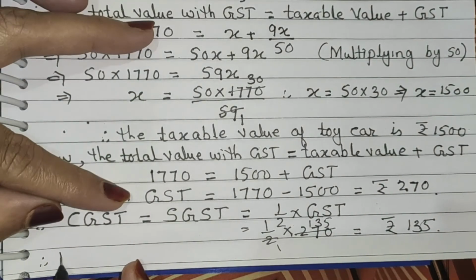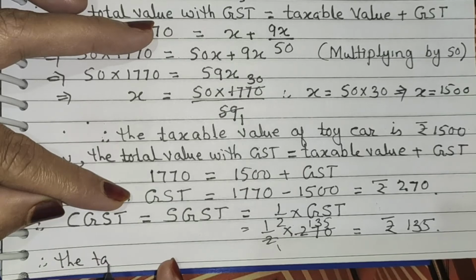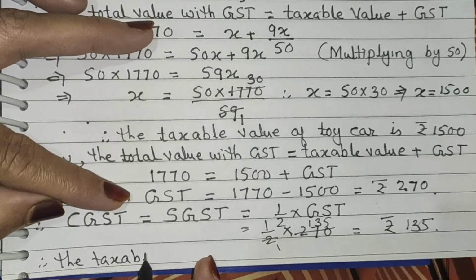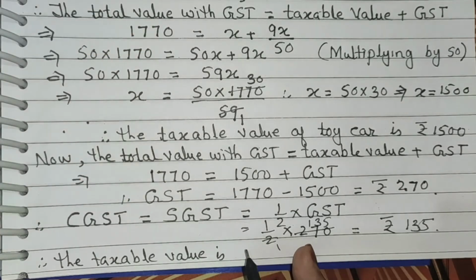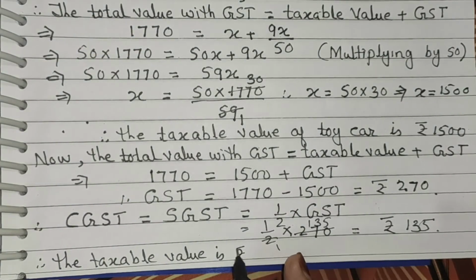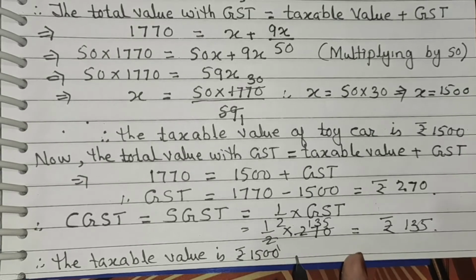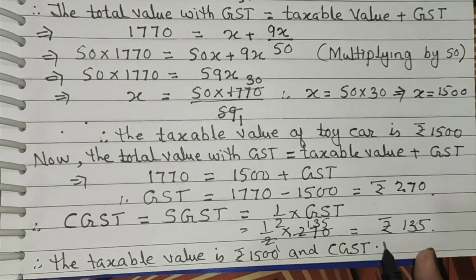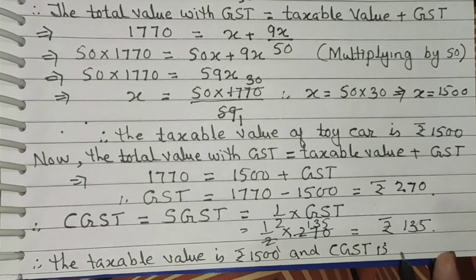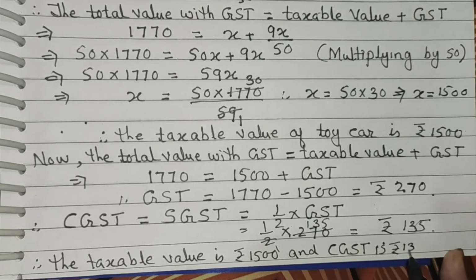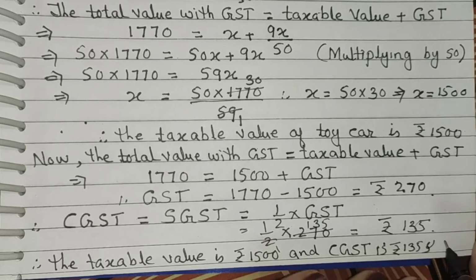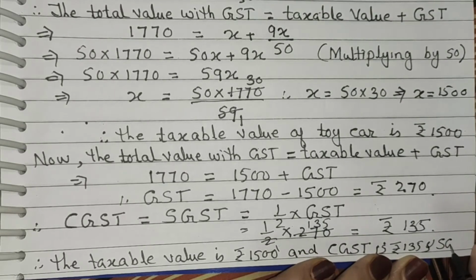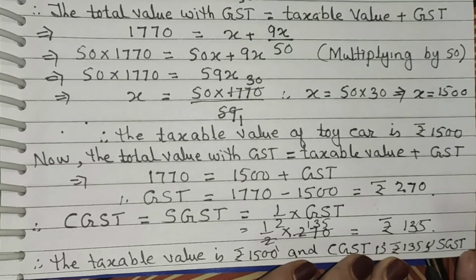The taxable value is rupees 1500 and CGST is rupees 135 and SGST is also rupees 135.